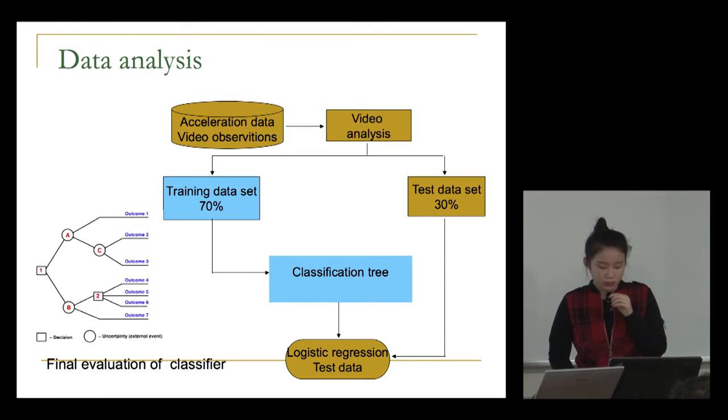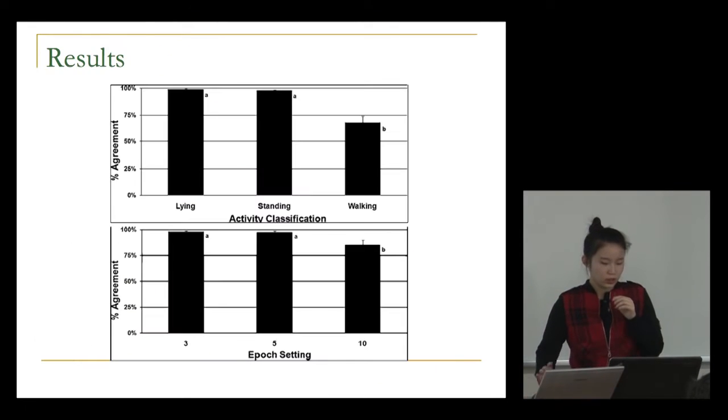And the last step is logistic regression. Logistic regression was used on test data to evaluate the difference in classification accuracy among different activities and epochs. And now the results.